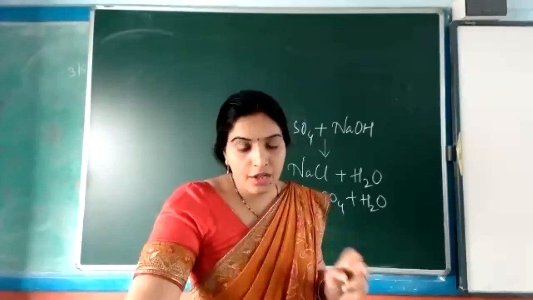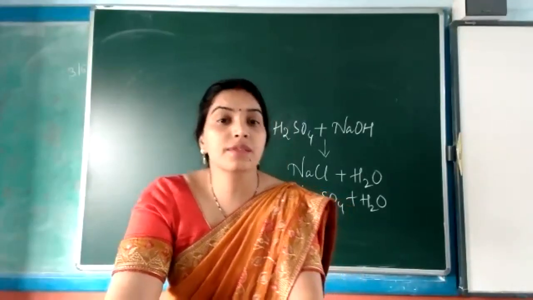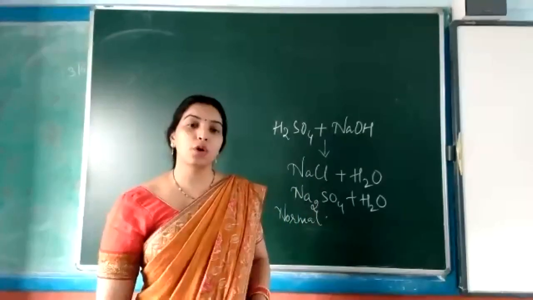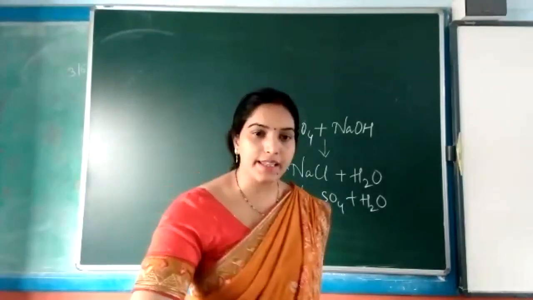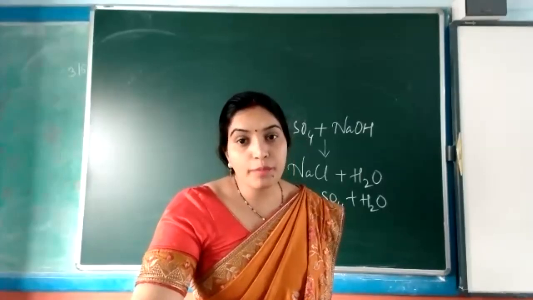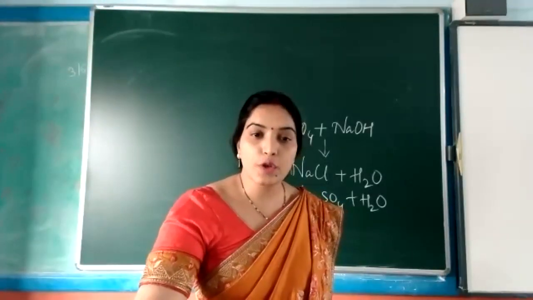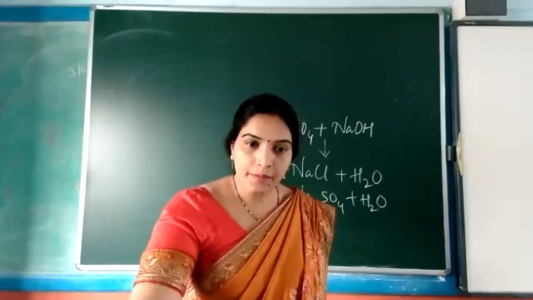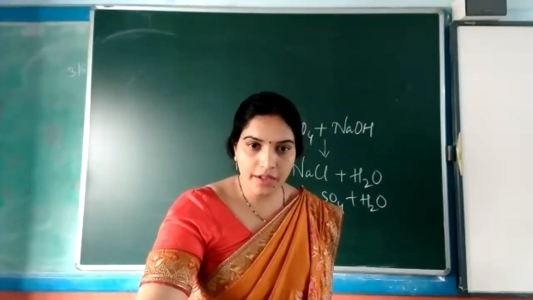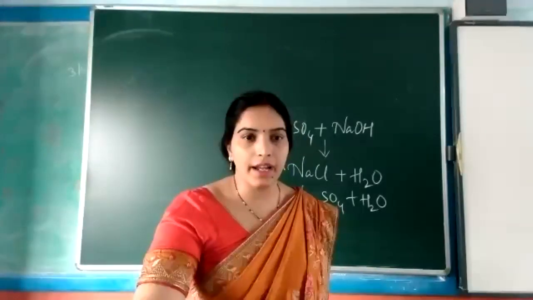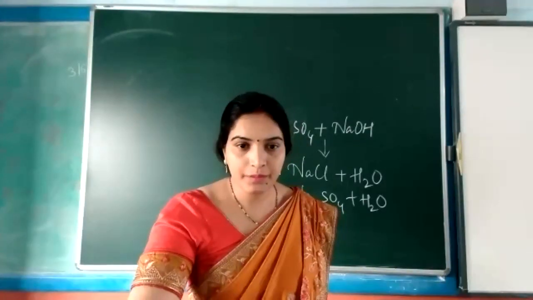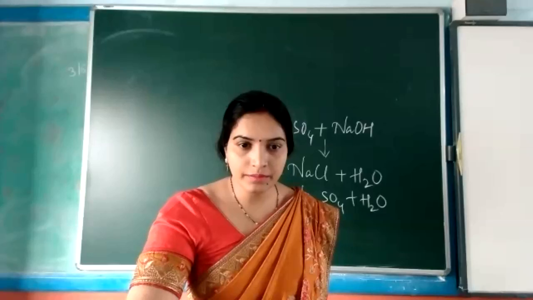So the salt formed by neutralization, when acid reacts with base, is ionic in nature because it dissociates to yield one positive ion and the other negative ion. Is that clear to everyone?